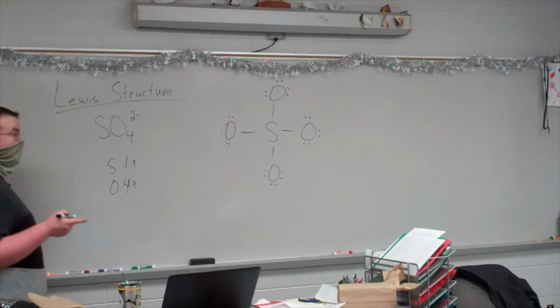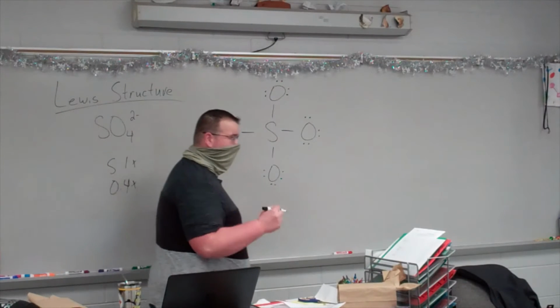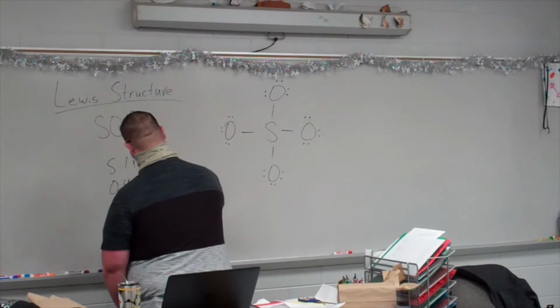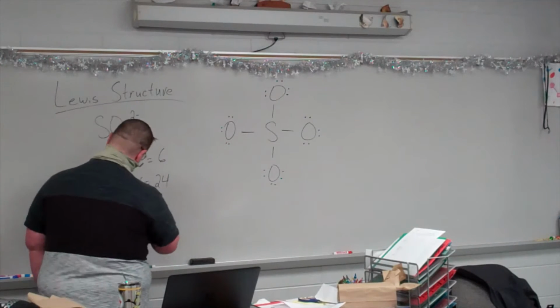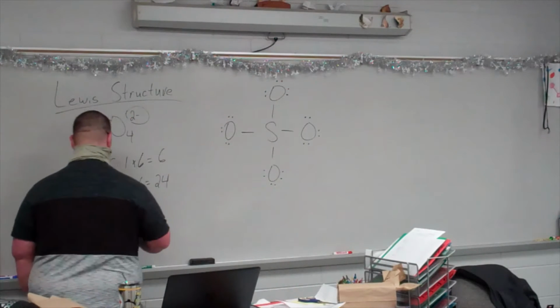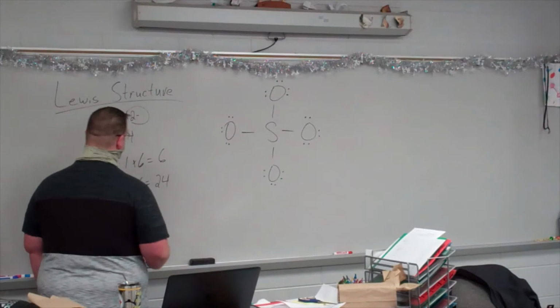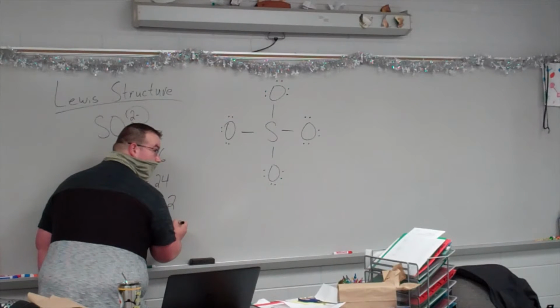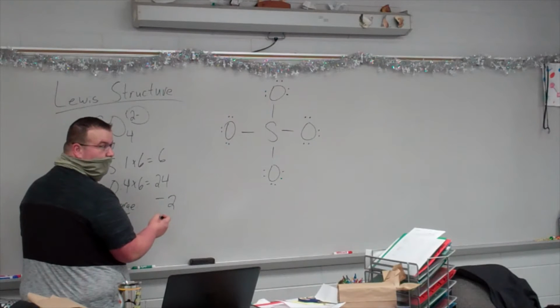In this case, it's easy because sulfur and oxygen are both in the 16th column, which means how many valence electrons? 6, very nice. Four times 6 is 24, but I have this charge to handle. That's a -2, so I add 2, right? Why? Because it's a negative and you do the opposite.